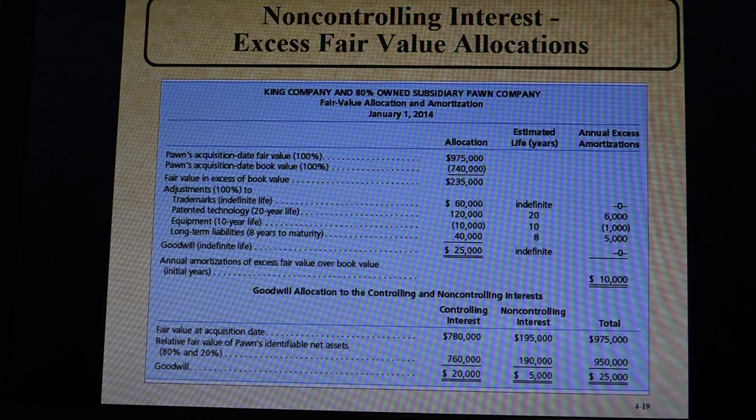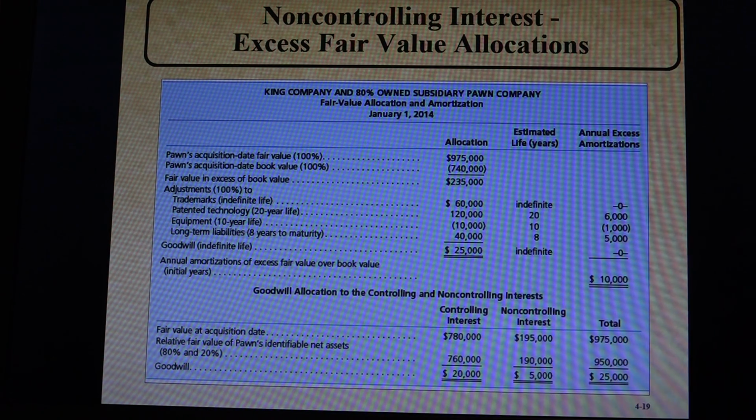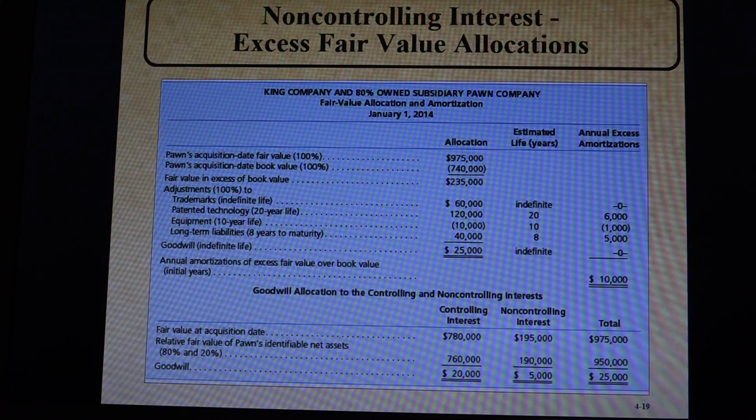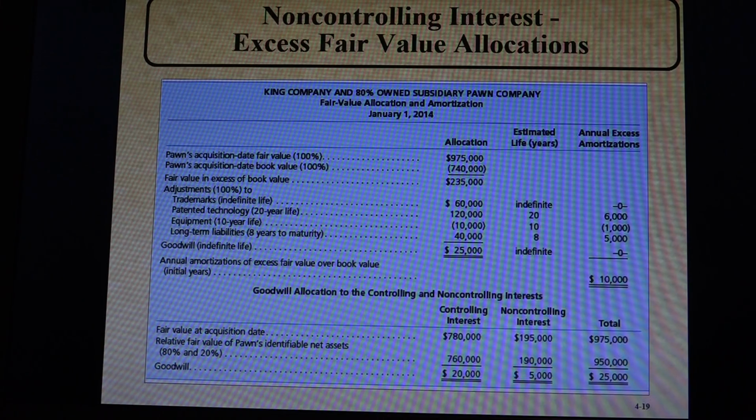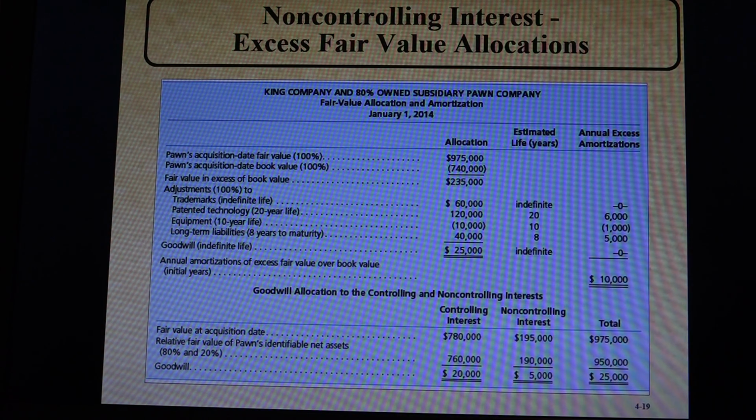And so we have fair value in excess of book value of $235,000. After you allocate that $235,000 to the fair value of the assets acquired and liabilities assumed, you have a difference, of course, that's not aligned to any of those items. So that's going to be goodwill of $25,000.